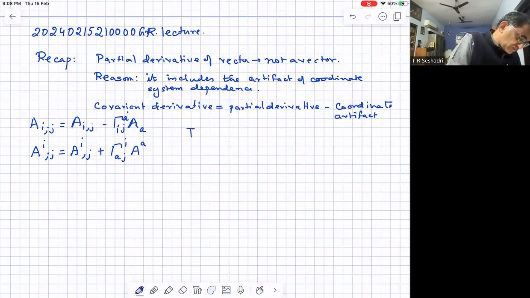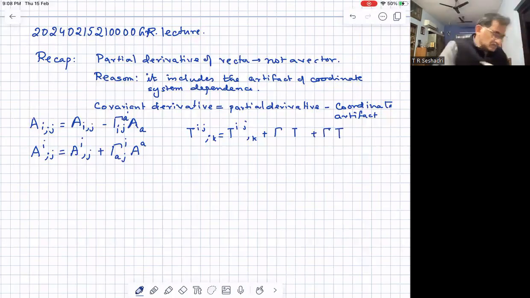Okay. So I have T^ij semicolon k is equal to T^ij comma k plus gamma T plus gamma T. Now in the first one, I will replace i, so I will leave j as it is. In the second one, I'll replace j, so I will leave i as it is.